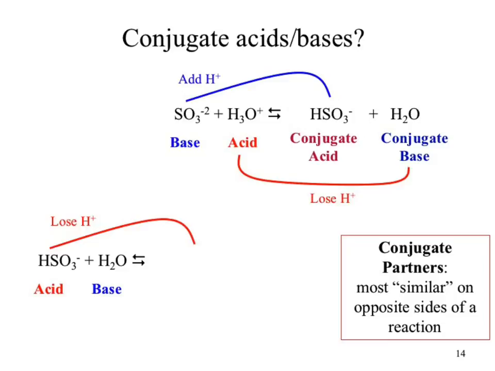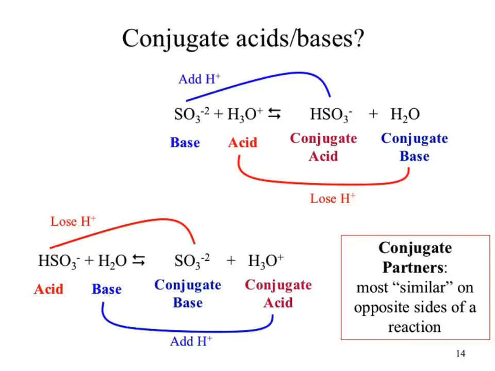Once we've defined HSO3 minus acting as the acid, we know it loses a hydrogen, which then means our product structure needs to become SO3 minus 2, and the other one would become H3O plus. We can then go through and label those as our conjugate bases and conjugate acids. So our conjugate partners are the most similar things on opposite sides of the equation.